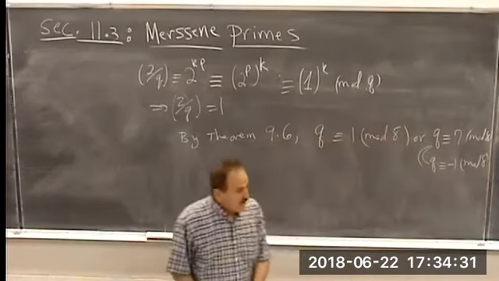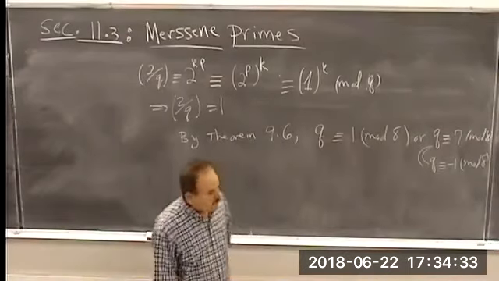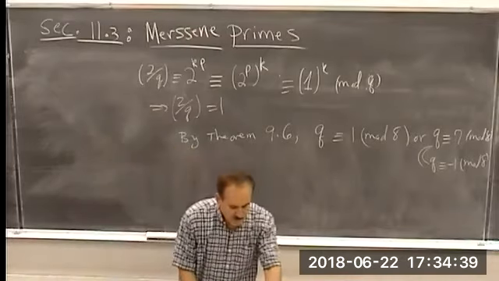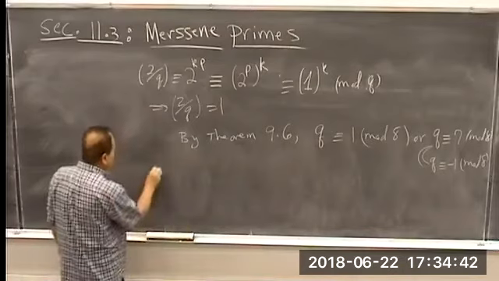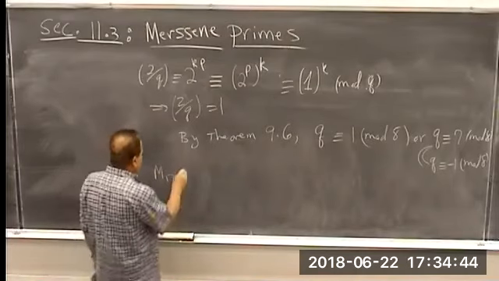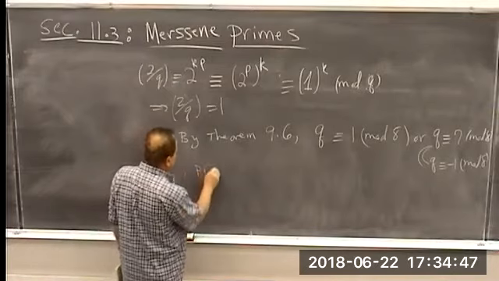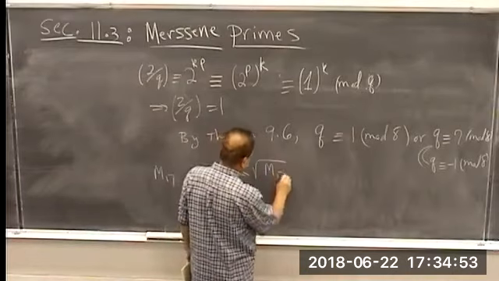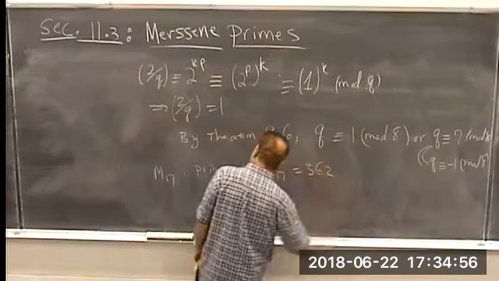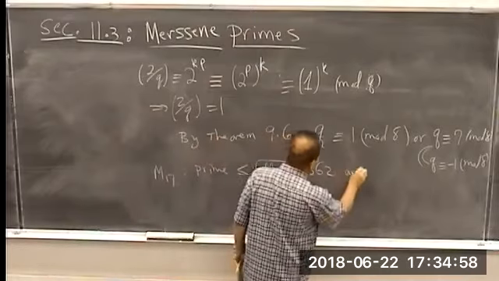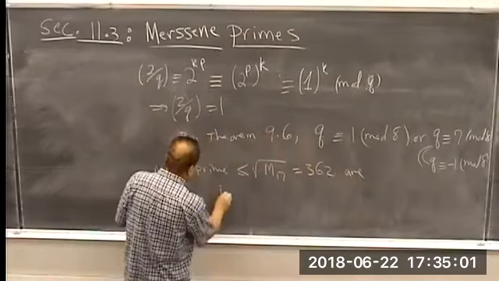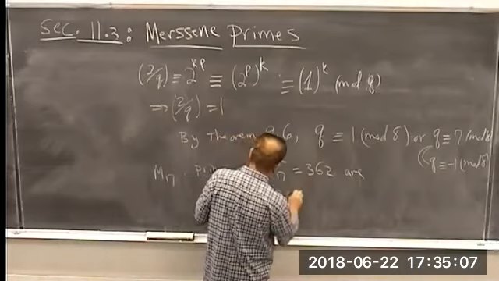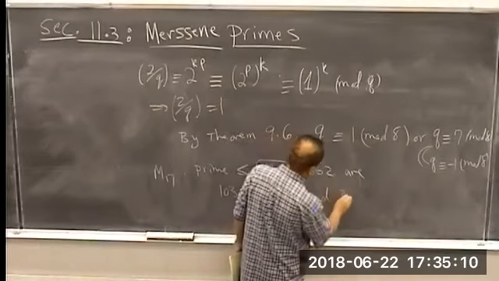All right. Now, again, as I said, if you look at the previous example, where we have M17, we found that the primes which are less than or equal to the square root of M17, which is 362, are 103, 137, 239, and 307.